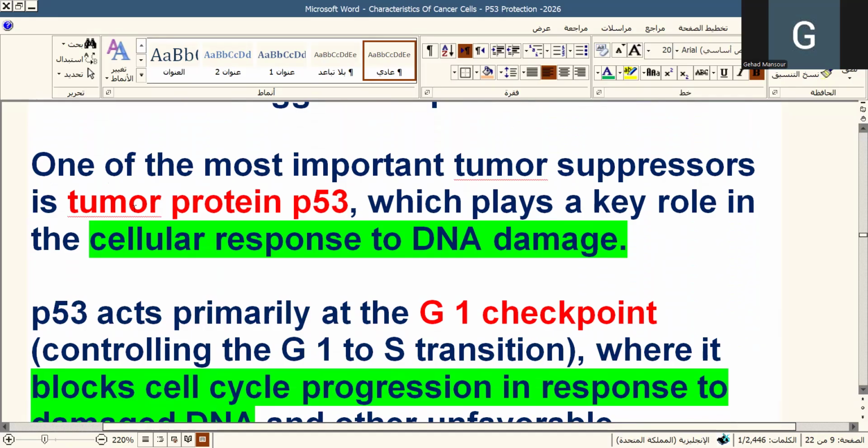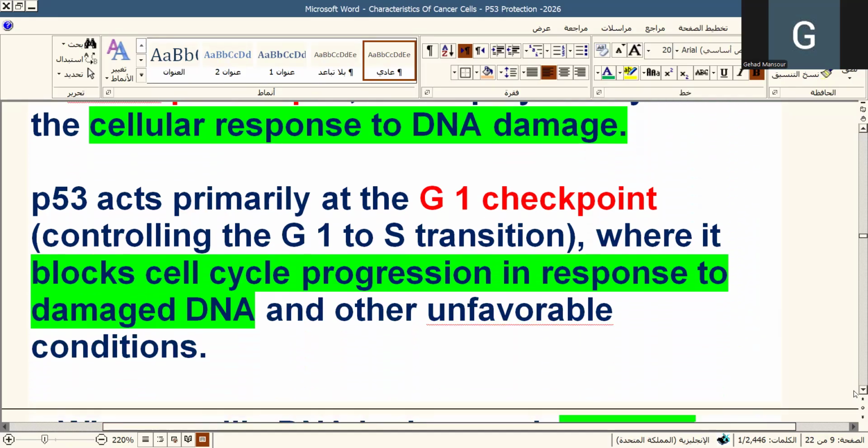So one of the most famous tumor suppressors, one of the most famous core regulators of the cell cycle, is the tumor suppressor protein 53, which plays a very important role in the cellular response to DNA damage.